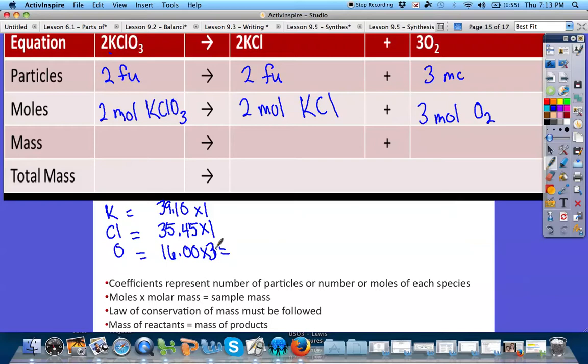This should be 3, so we're going to get 48. 35.45. And 39.10. So we need to add these together to get our molar mass.